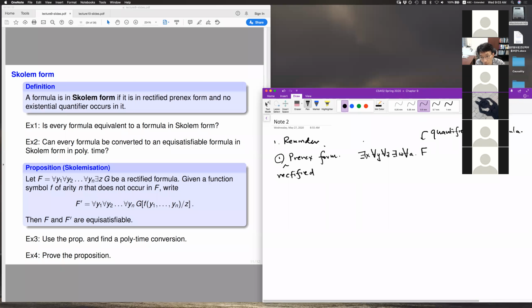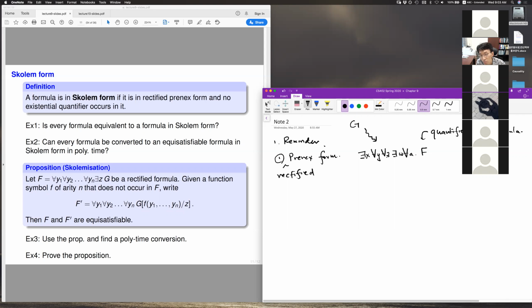And we said any formula, maybe G, can be transformed into this rectified Prenex form quite easily, in polynomial time. The idea is first push all the negations to the base case using De Morgan's law, and then rename all the universally quantified and existentially quantified variables, so that we end up with a rectified formula, and then move quantification outside using one of those equivalence relationships that we studied before.